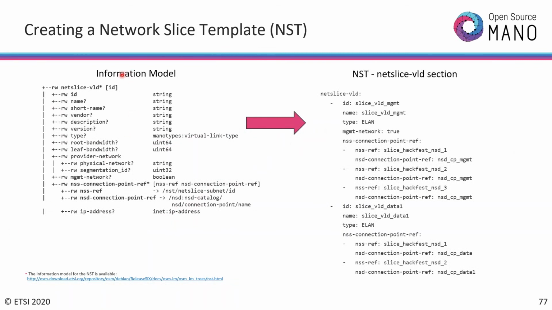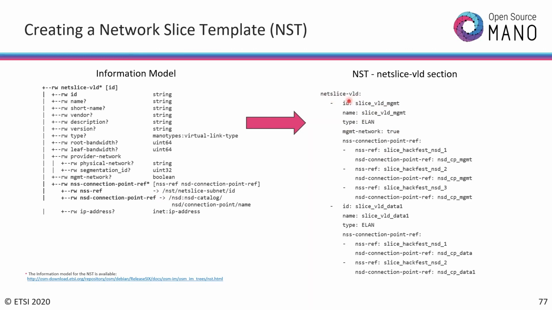The last thing that you need to create a network slice template is the NetSlice VLD. Here, if you see the information model, you have the information in the link below. You can set many parameters, but the required minimal ones are the ones that we use here in the NetSlice VLD.